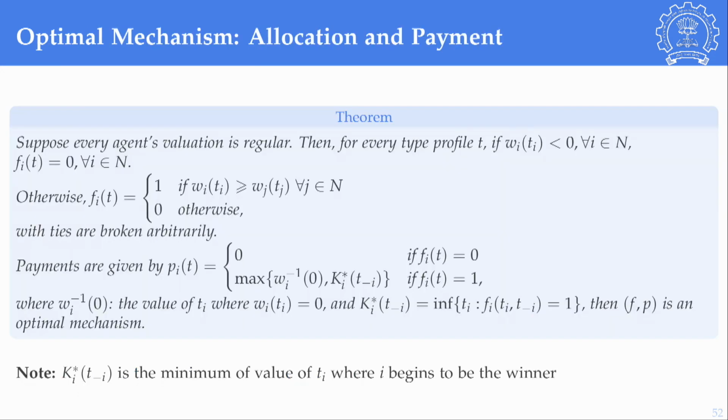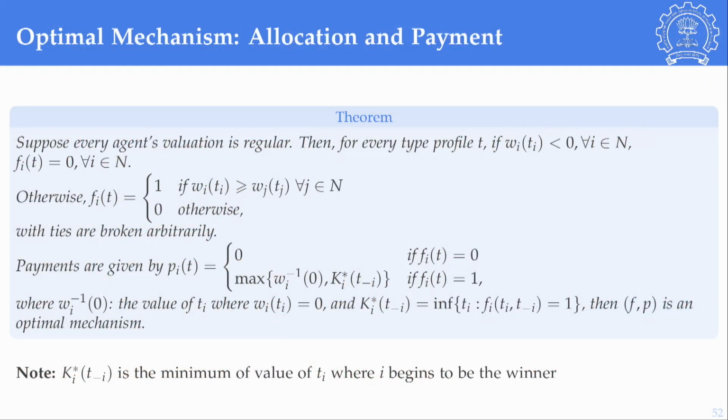How are we sure that this W inverse at 0 is not a set but just a single value? Because it is regular. No, it is just saying monotone non-decreasing. So, it could be a set, but why can't we just take the supremum? If it is a set, we can just take the supremum. Yes, you are right.